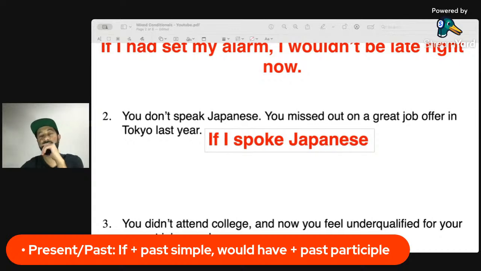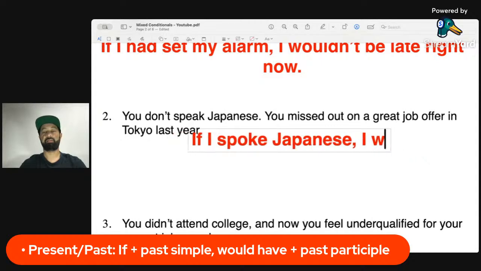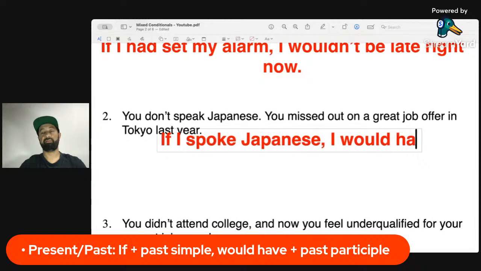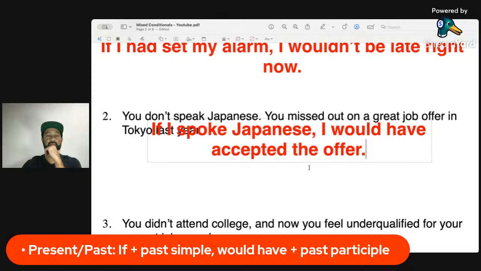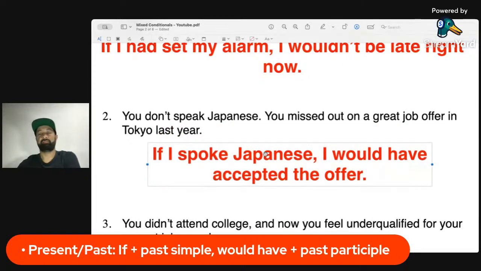If I spoke Japanese, or if I were fluent in Japanese, I would, so remember we have to follow the pattern, I would have accepted the offer. Okay, if I spoke Japanese, I would have accepted the offer. So mixed conditional, past, we've got would and the present perfect.